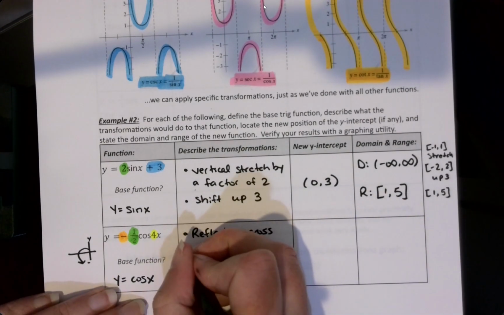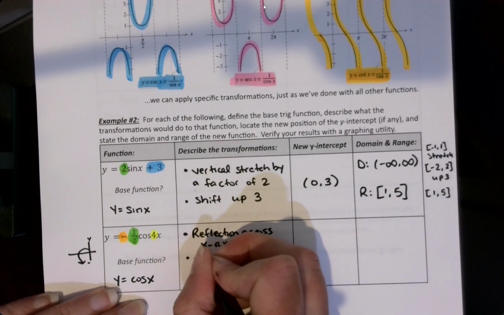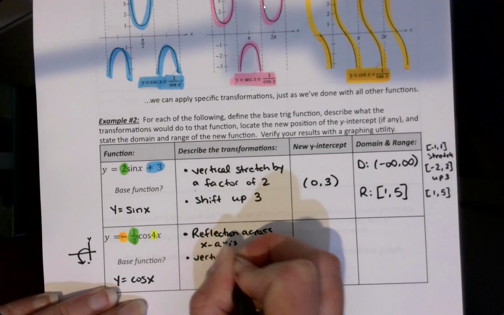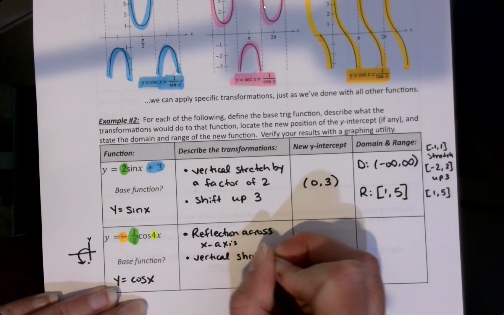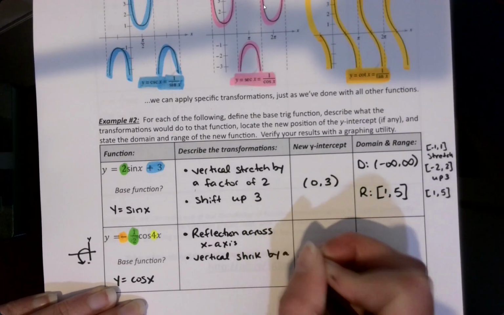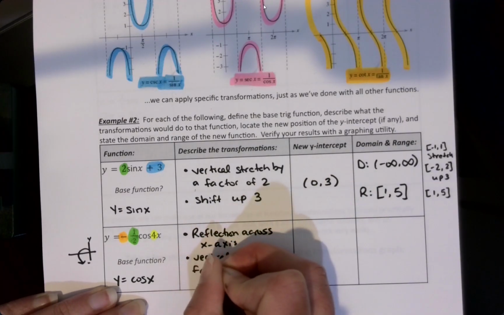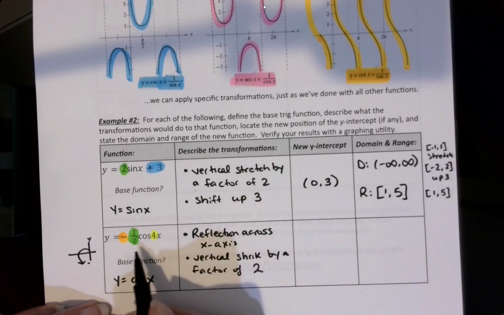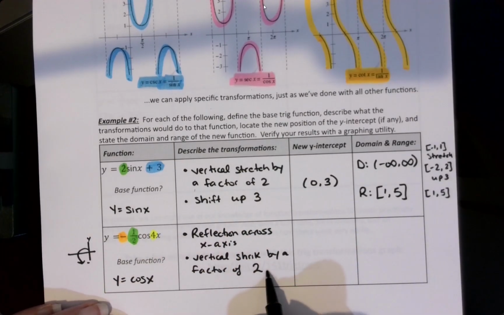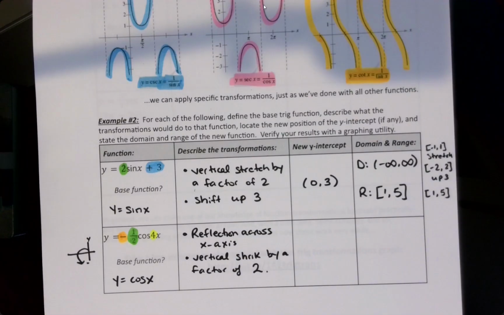And then we have a vertical. It's a 1/2, so it's a shrink by a factor of 2. So it is a 1/2. The shrink factor is 2. I don't need to say 1/2. That would be redundant. It's a vertical shrink by a factor of 2.